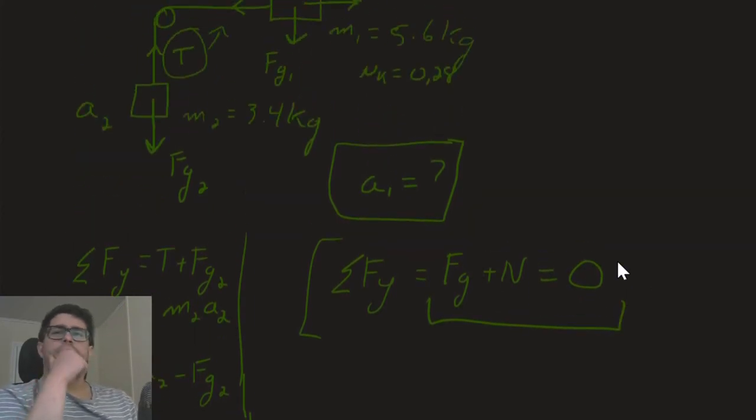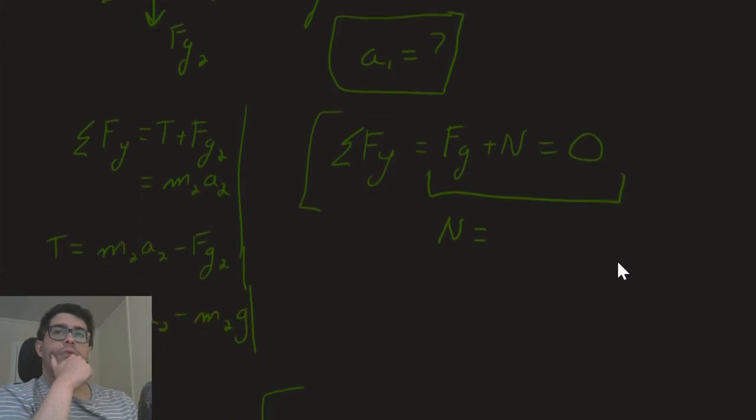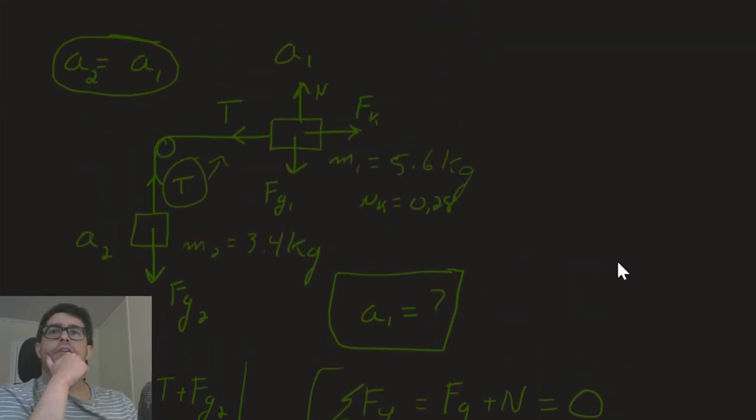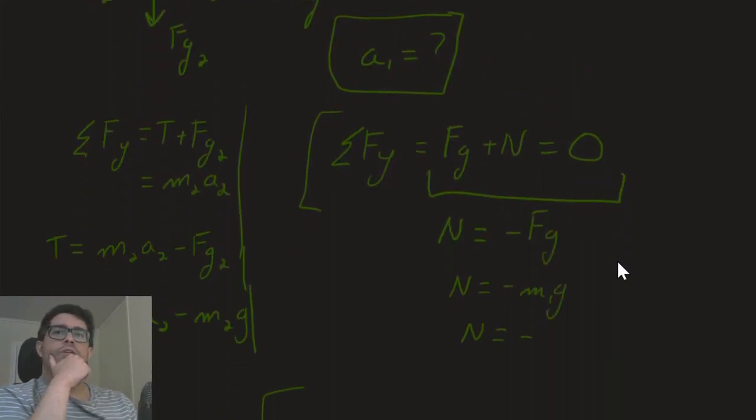Okay. So n is equal to what? N is equal to minus mg, or m1g. And n is equal to, what's the mass? 5.6 times the gravity, times minus 9.81.